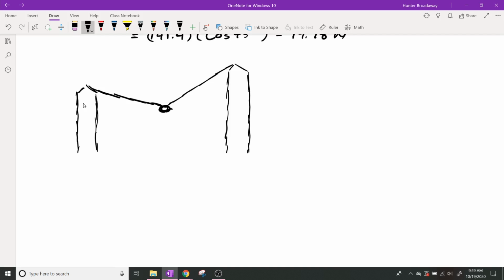The angle of one of them is 26 degrees. The angle of the other one is 15 degrees. They're not the same, right? So you've got 26 degrees on the right side, and you've got 15 degrees on the left side.